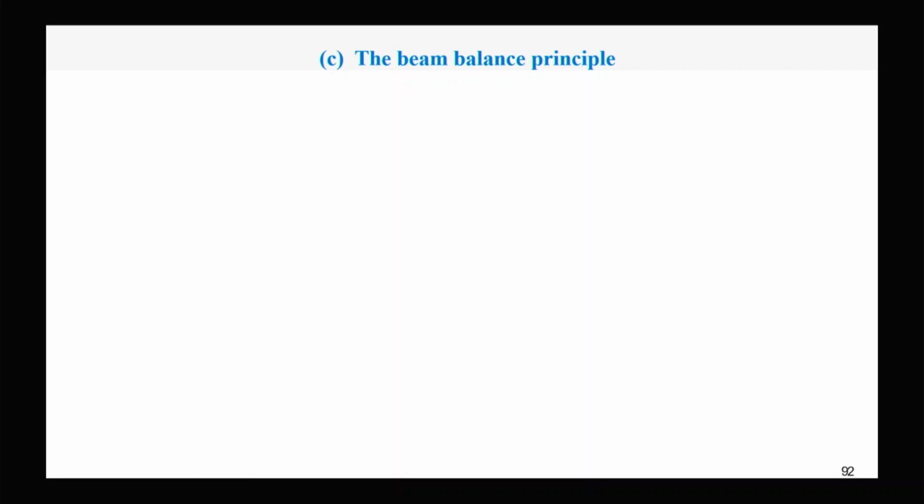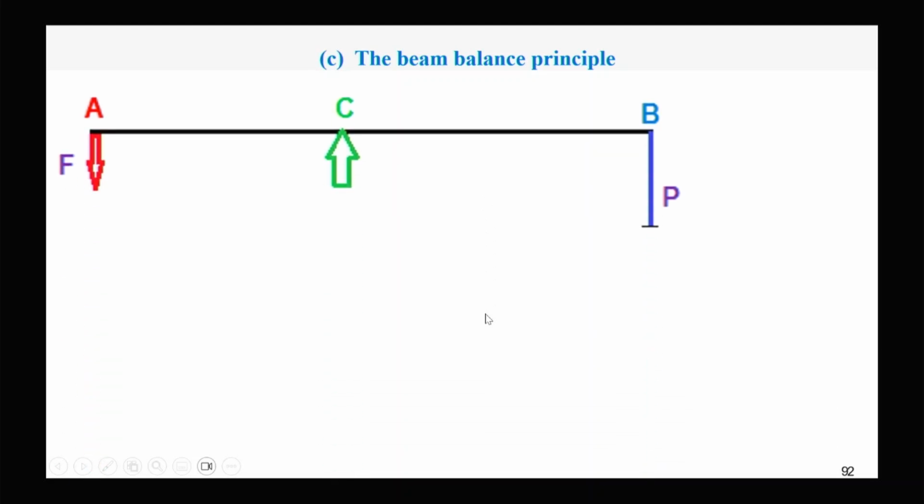Next principle is the beam balance principle. We know this is the beam. This is the unknown load P, and here we apply the force F on the other side, and C is the fulcrum point. P can be calculated based on the ratio of the distances AC and BC.